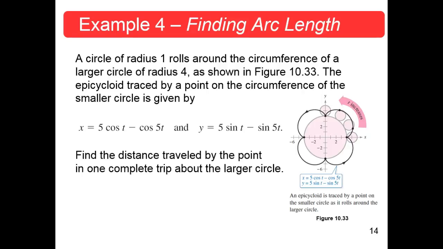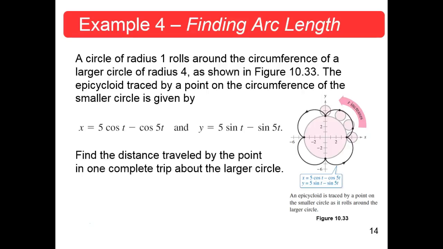Now, the epicycloid, with a circle of radius 1 rolling around that, is shown in the figure. The epicycloid traced by a point on the circumference of the smaller circle is given by x equal to 5 cosine t minus cosine 5t, y equal to 5 sine t minus sine 5t. Wow, they look pretty similar in some ways.